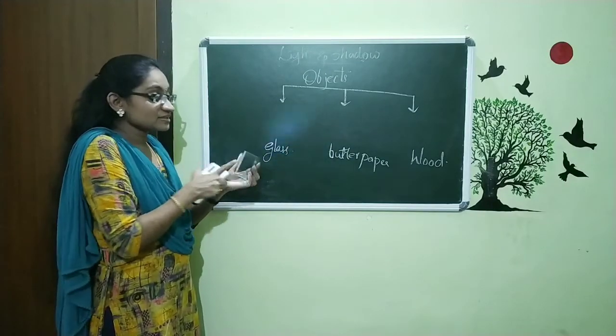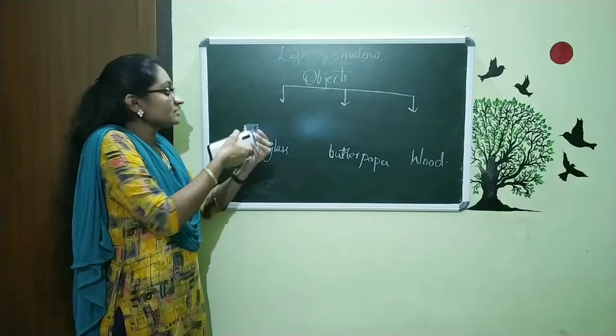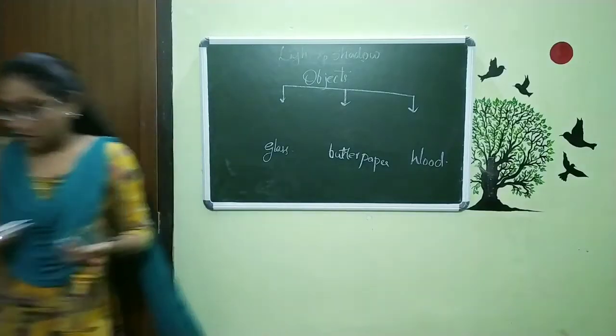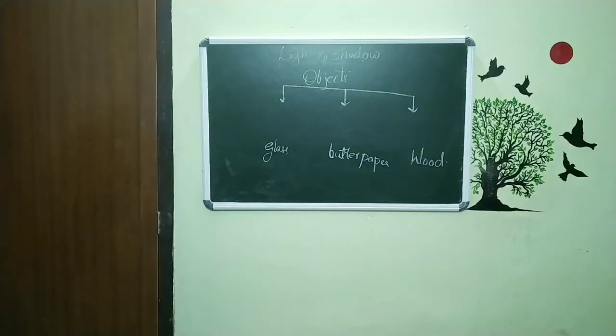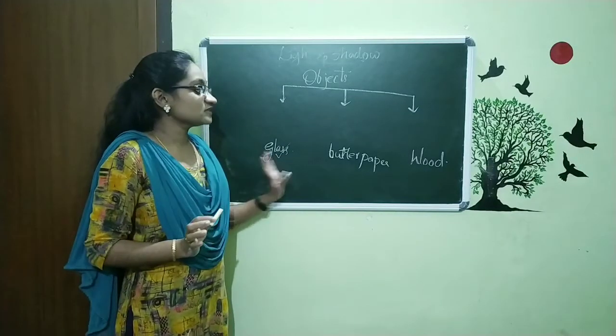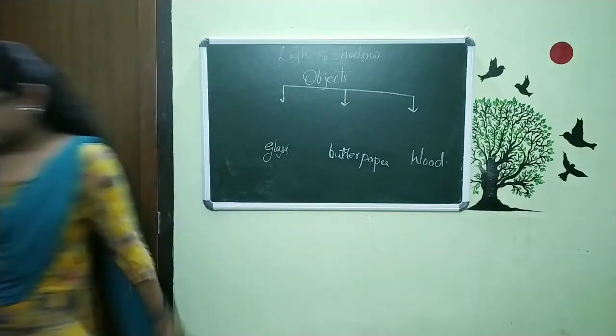So the thing is, on the glass there are no obstacles, and so the light directly falls on the blackboard. This is my first case. So for the first activity we can say the light travels very straight, or the light properly transmits through the glass.